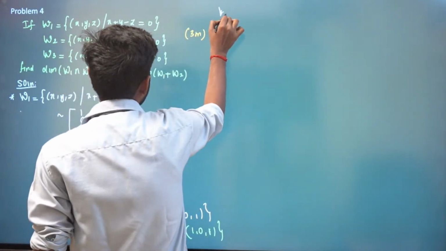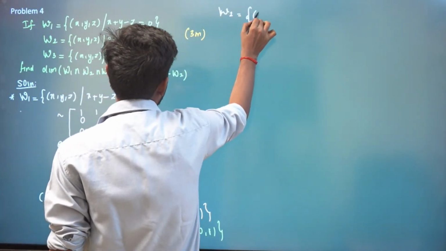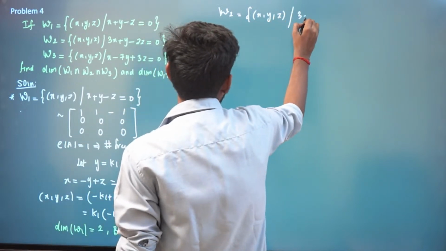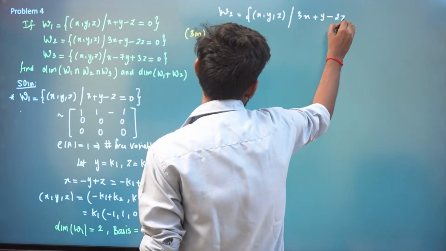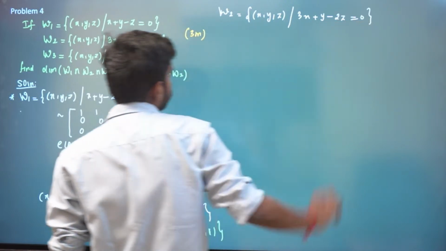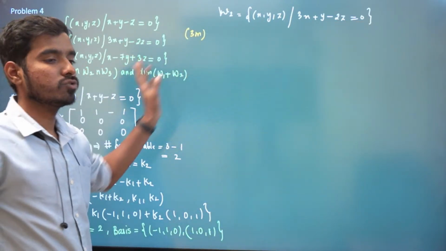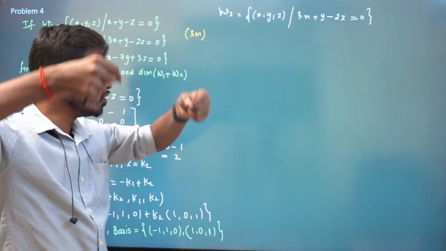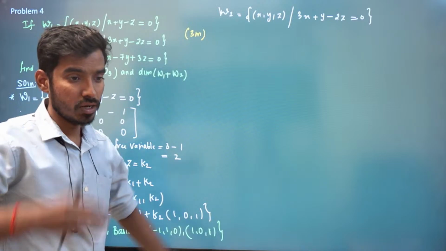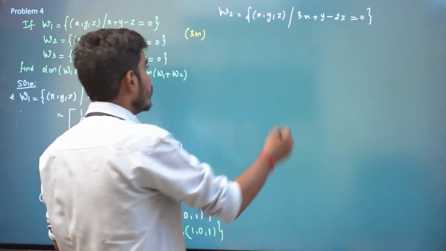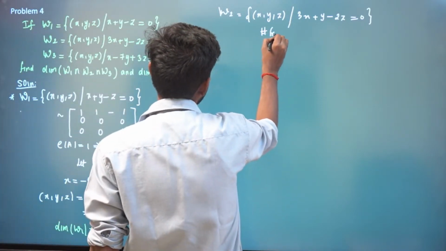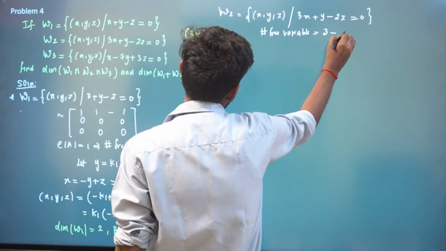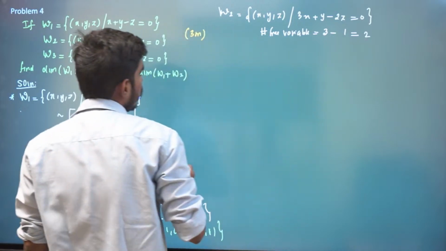So W2 here consists of all those x, y, z such that 3x plus y minus 2z is equal to 0. So again, when you reduce this homogeneous system of equations, you will have only one row that consists of 3, 1, minus 2, followed by all 0. So here also the number of free variables is total variables minus rank. Here also we have two free variables.